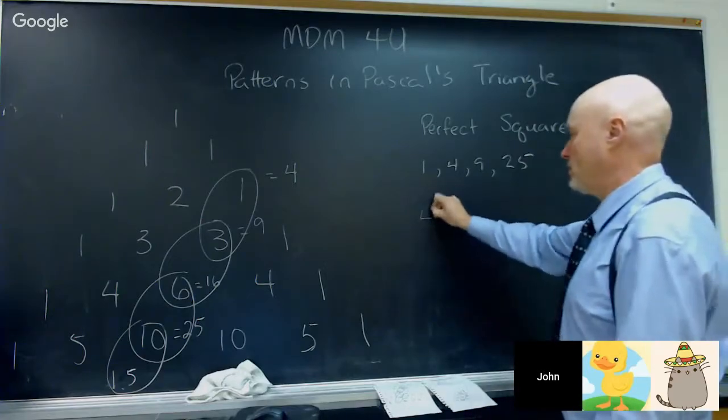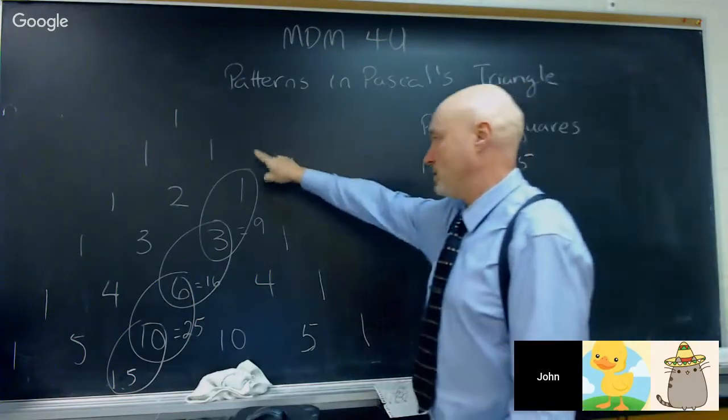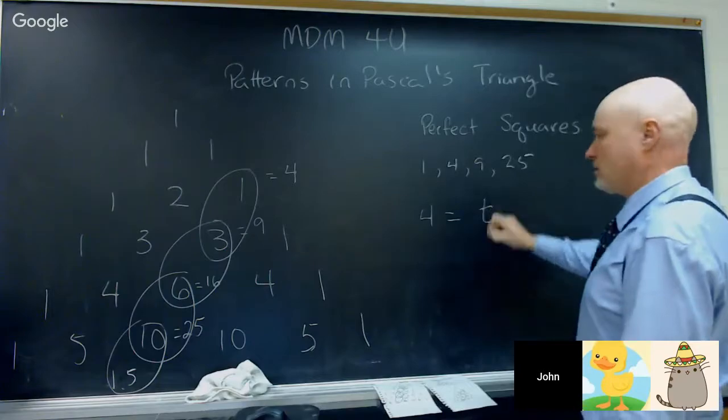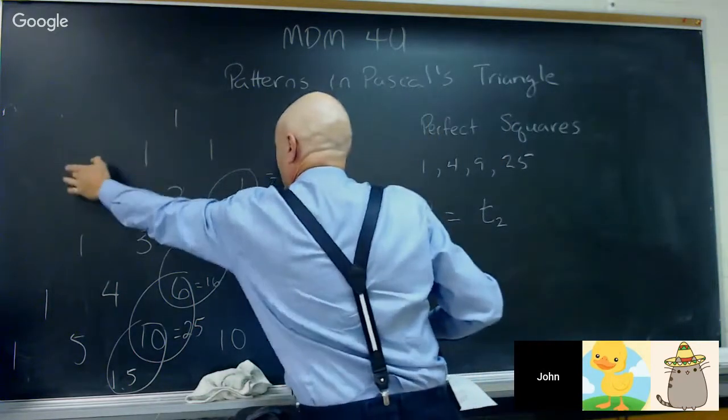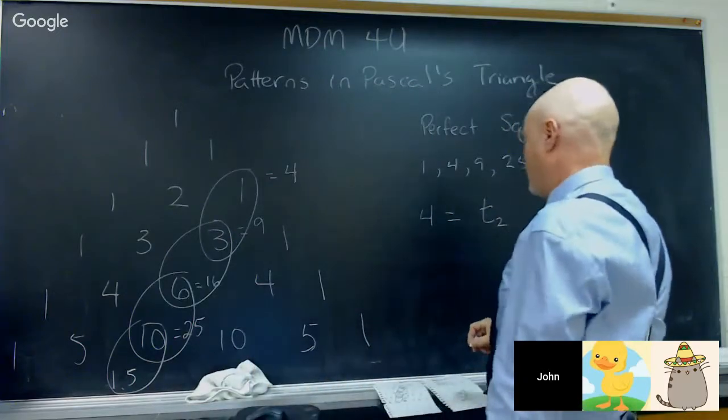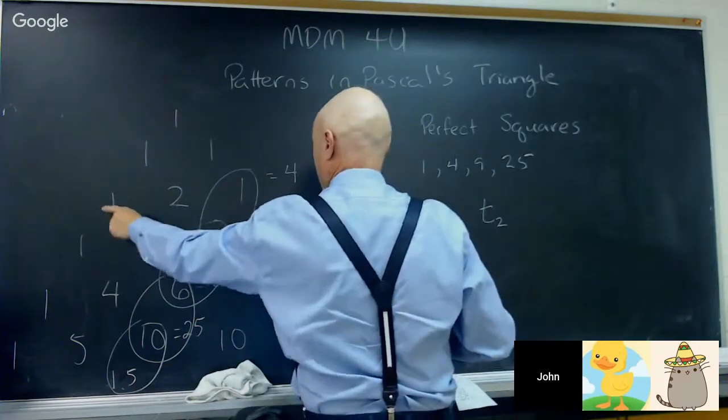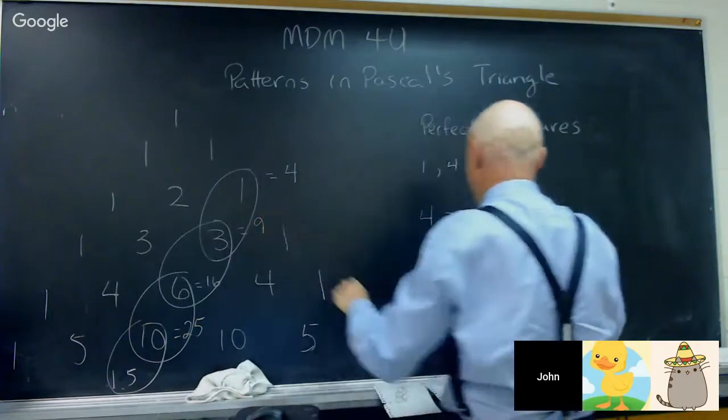So you'll be able to see a relationship in the term numbers here. So 4 is equal to term, so that's row 2. So the rows go 0, 1, 2. And it is term 2 because they go term 0, term 1, term 2.